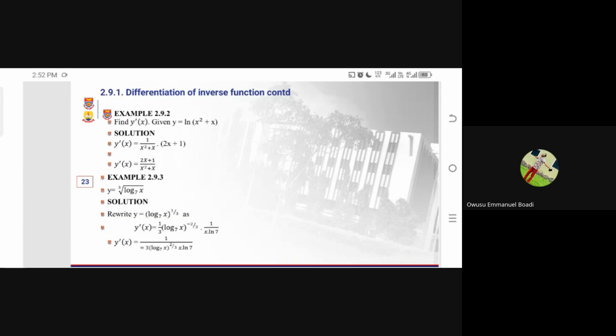So at the end of the day, when you differentiate the cube root of log x base 7, you get 1 all over 3 times log x base 7 to the power 2 over 3, times x ln 7. So it is the same formula, just that these are the general formulas that they are giving you examples of that you should keep note of.